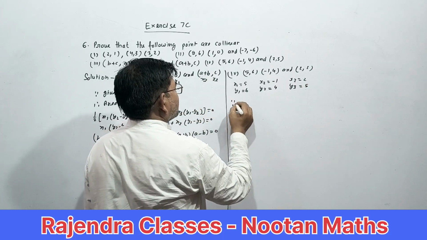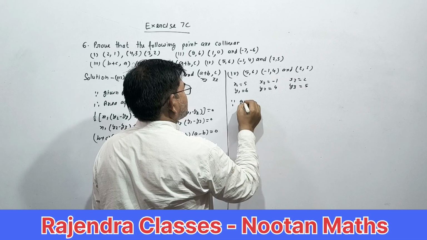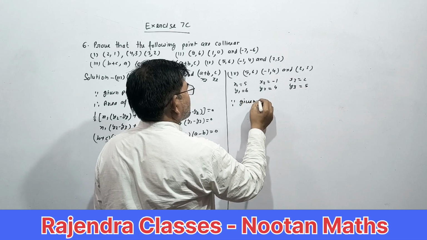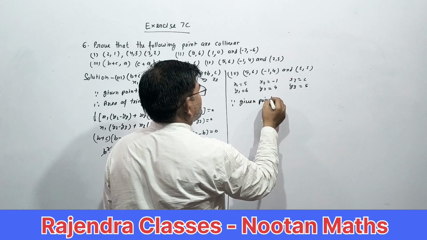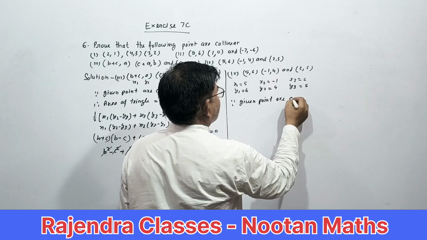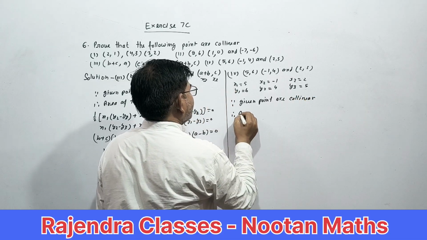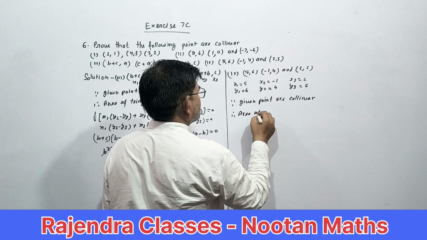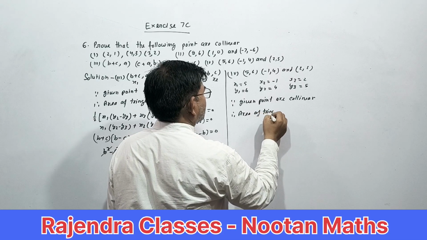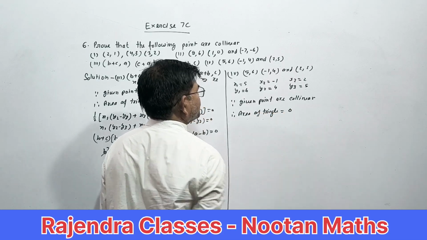If given points are collinear, so area of triangle is equal to 0.